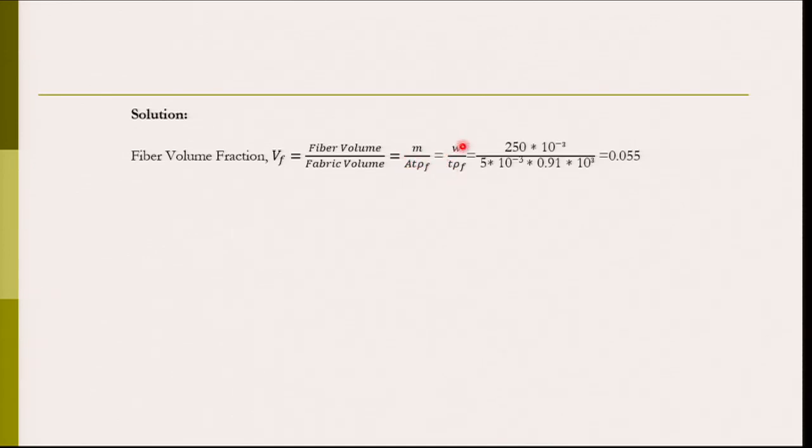So, we can simply convert into mass per unit area as W, which is the GSM of the fabric. We also know the thickness of the fibrous material and rho f, which is the fiber density. So, putting all the values which were given to us, we can calculate the fiber volume fraction, which in this case would be 0.055 or 5.5%.